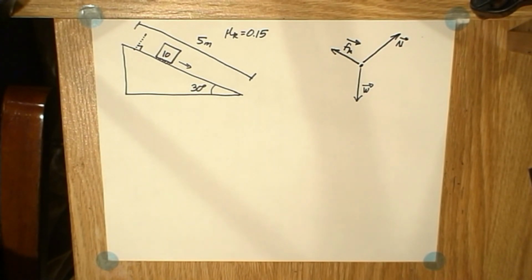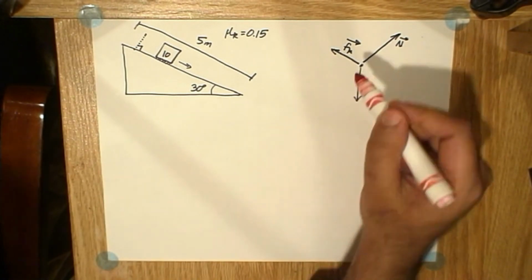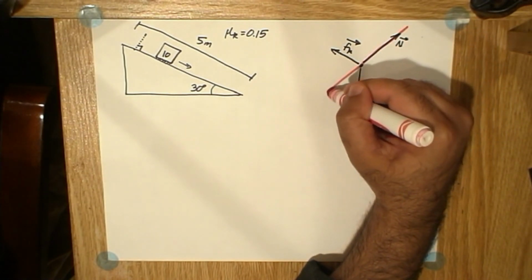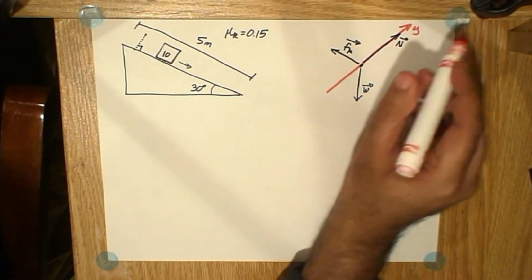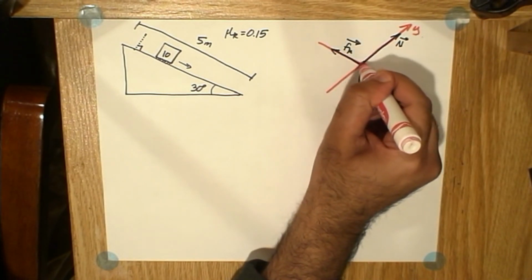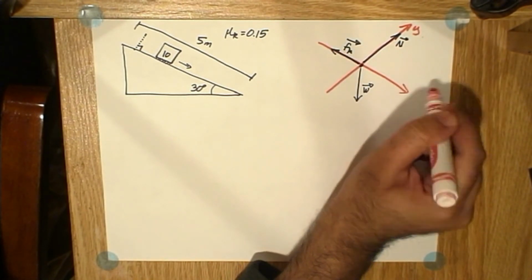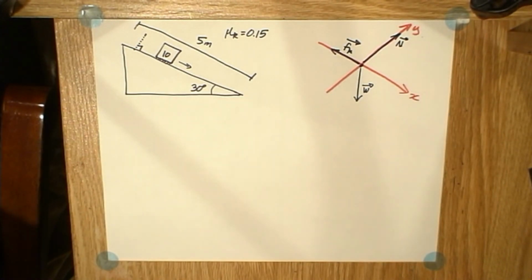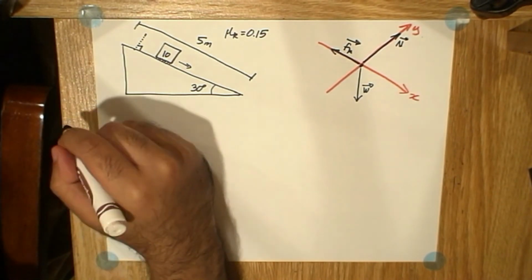We can set our axes now. In a ramp question, we always set the y-axis to be in line with the normal force and the x-axis to be in line with the surface of the ramp. This leaves only the weight force not aligned with one of the two axes.